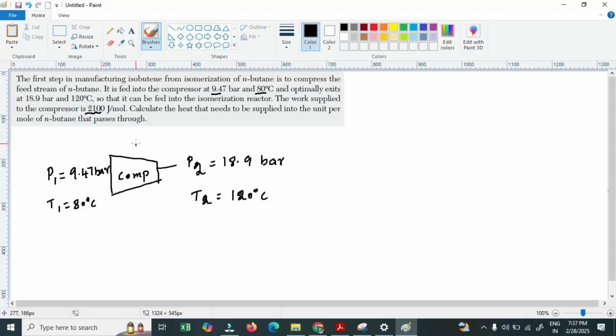And since it is an open system, let us take the first law of thermodynamics, where we are assuming the change in kinetic energy as well as the potential energy is equal to 0.